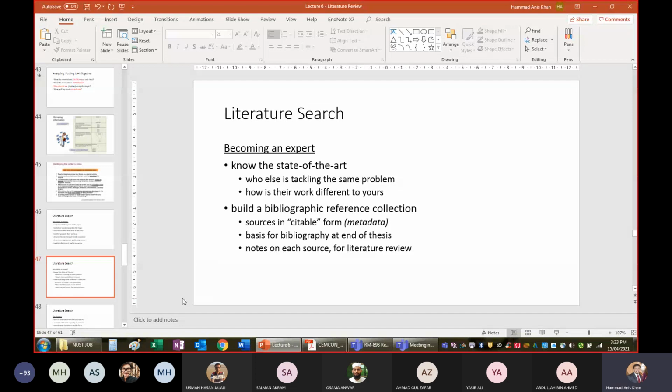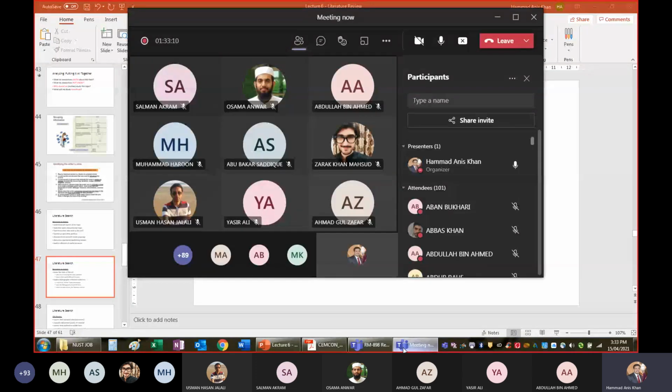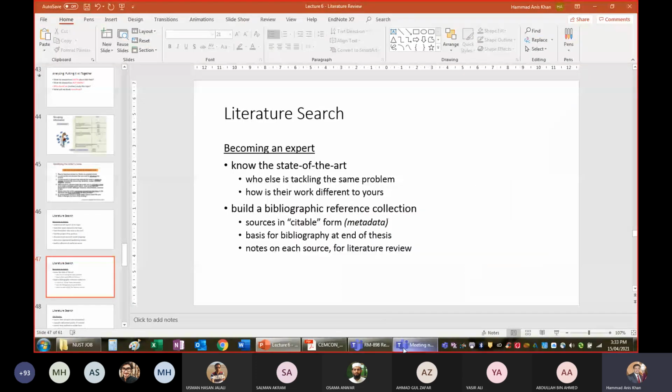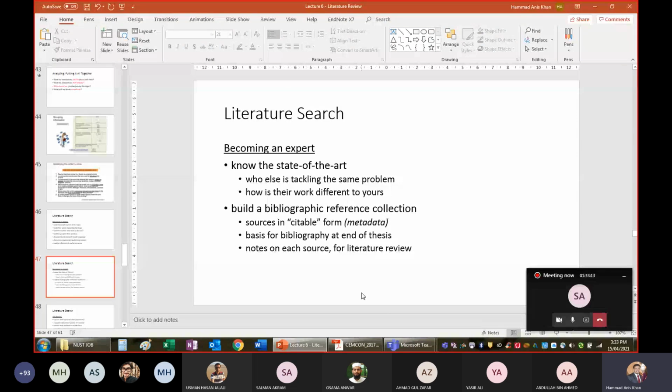This is a kind of state of the art, and it also helps you review other people's data and find the gaps between your research and other people's research tackling the same problem. This improves your critical capability and your creativity as well.